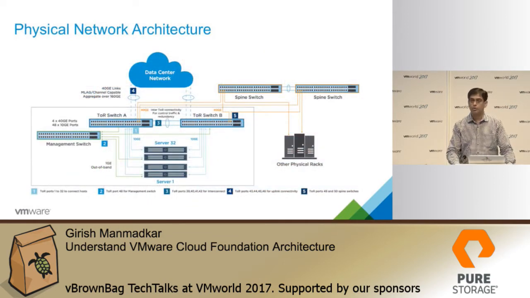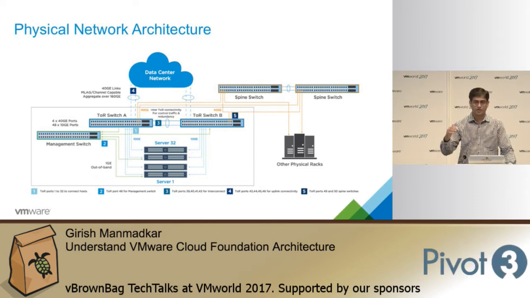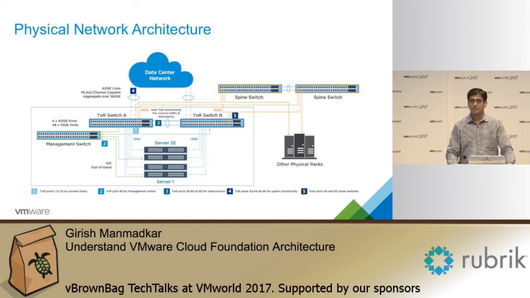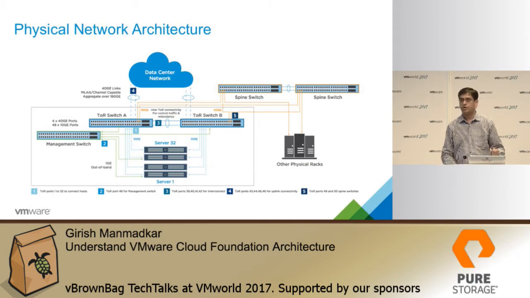So let us look at a little more about the physical architecture. If you look at the previous slide, there were the top of the rack switches, and we had a management switch as a fixed part of the architecture. I just wanted to give more detail about how those are connected to each other, what we call from the VMware Cloud Foundation perspective a wire map. We are very, very prescriptive. We want to make sure that you do not fail and do not have any issues when you are building up the environment, right from racking, stacking, and powering them up.